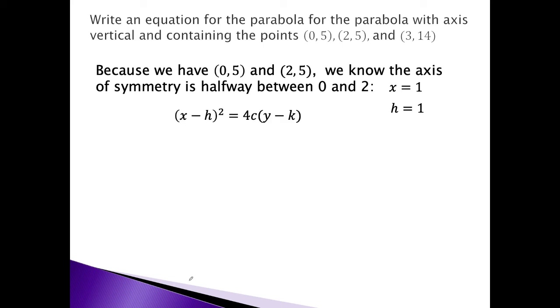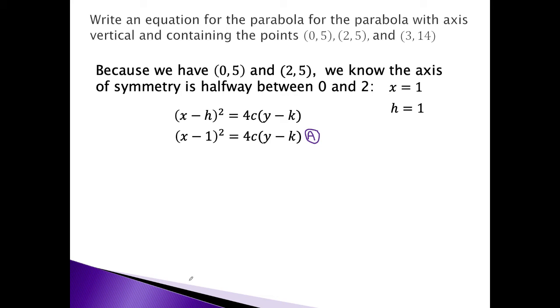We know that the standard form will be x minus h quantity squared equals 4c times y minus k, because the y is staying the same but the x is changing, so that means it's going to be opening upward or downward. So putting in h equals 1, we have x minus 1 squared equals 4c times y minus k. We're going to call that equation A.